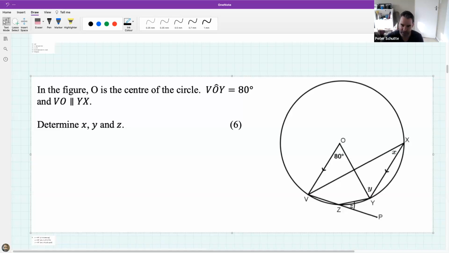Careful, everyone. Angle at the center. So let's say you have this chord. Watch out.